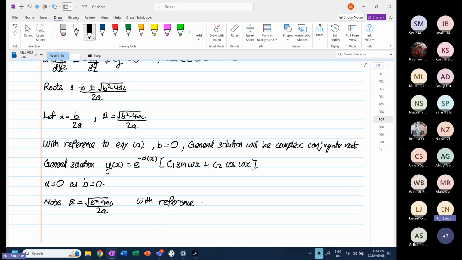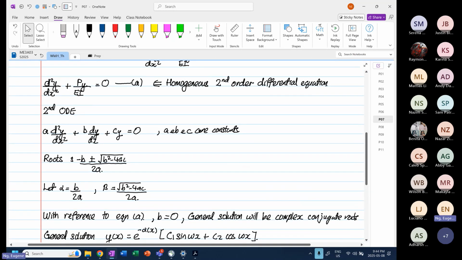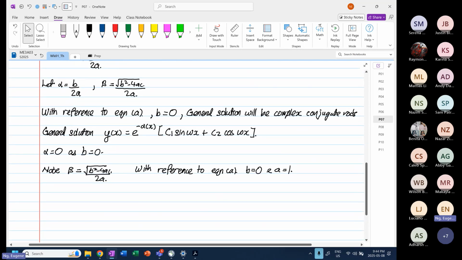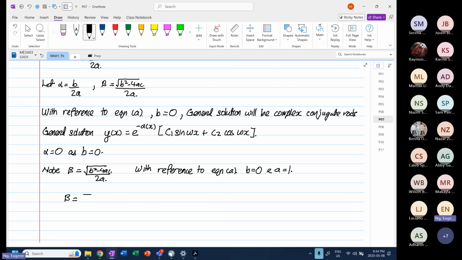To equation A, we know that B is equal to 0 and A is equal to 1. If you look at our equation, our A is equal to 1 down here. So beta now will be equal to minus 4C divided by 2.